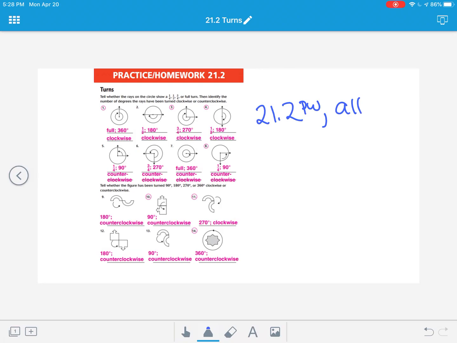We have a Zoom meeting tomorrow, Wednesday. And so if you have questions on this part of the lesson, please make sure you come ready to Zoom to ask those questions, okay? Most important part is to make sure you have that chart written down for what quarter, half, 3/4, and a full turn equal, and clockwise and counterclockwise, that you have that information written down as well.